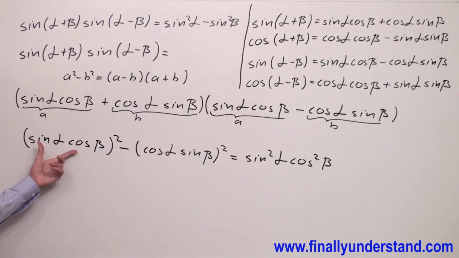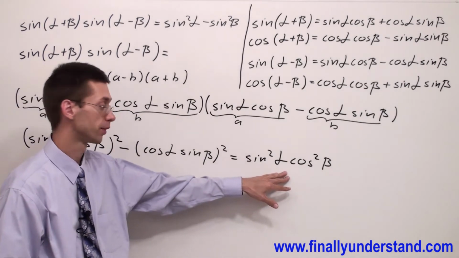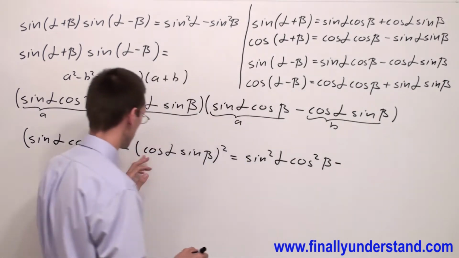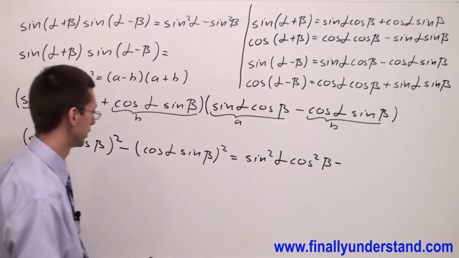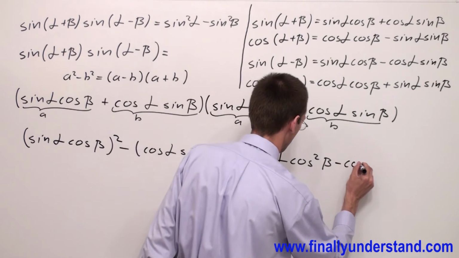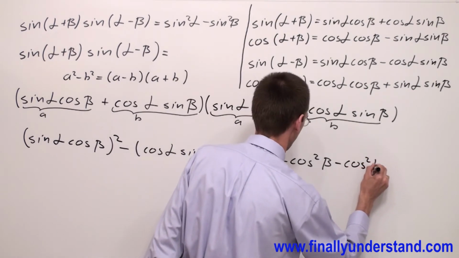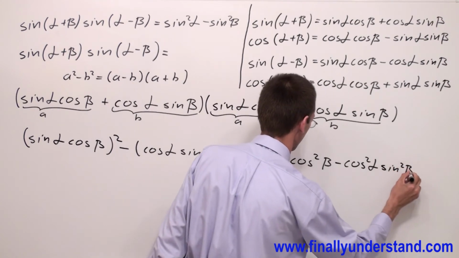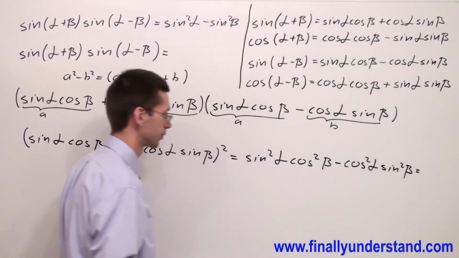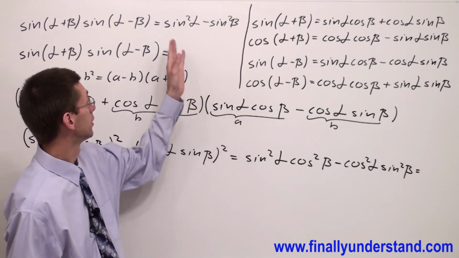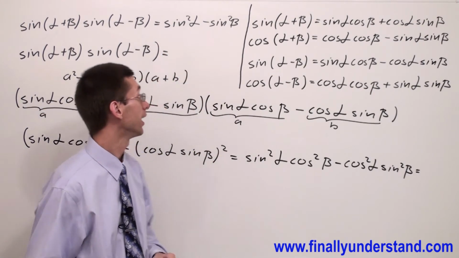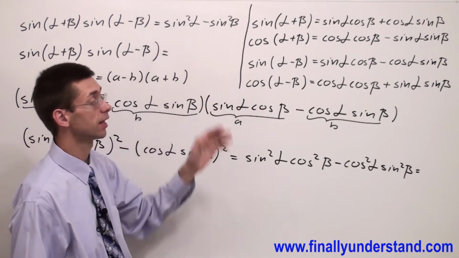Simply rewrite this as this, minus, you have to apply the same property over here, cosine square alpha sine square beta equals. Please notice that the right side of my original equation contains only signs.